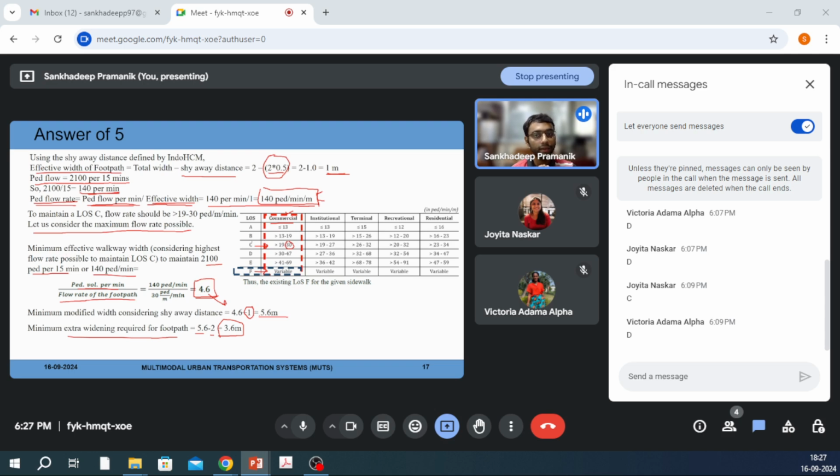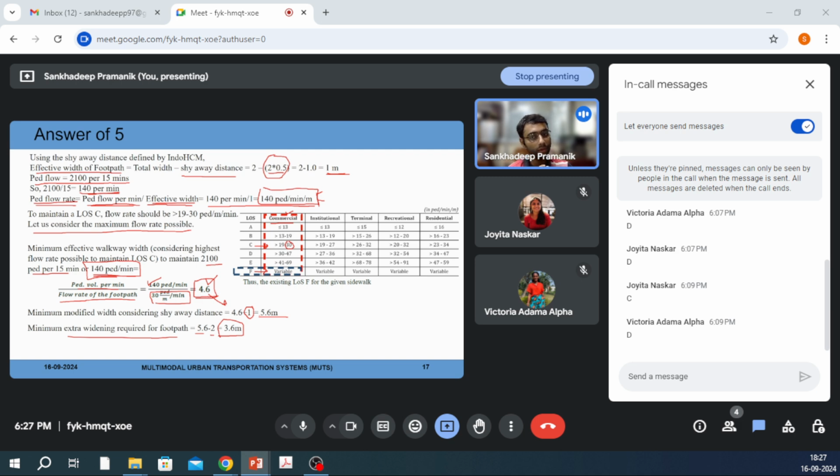Now for that we know that 140 pedestrians are going per minute, this one we know, and we know that our flow rate should be 30 pedestrians per minute per meter, so that the level of service is maintained at level of service C, and for that we require 4.6 meter width.